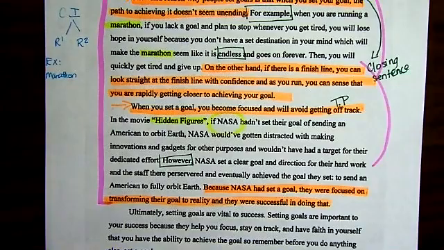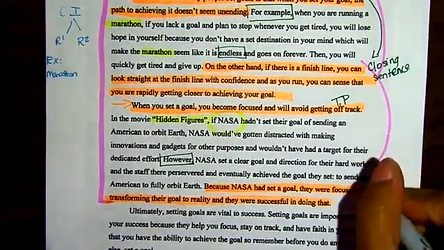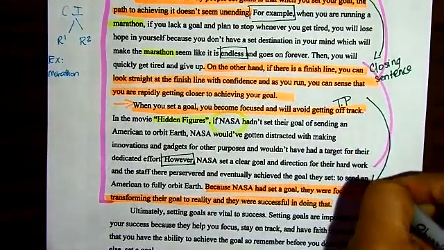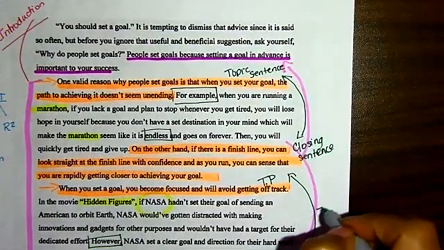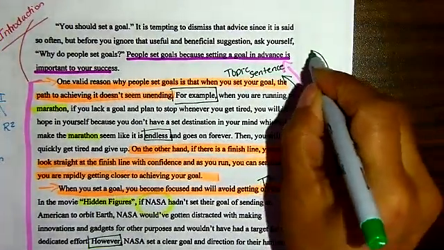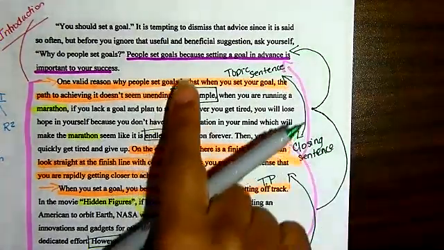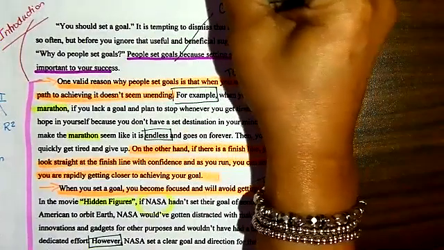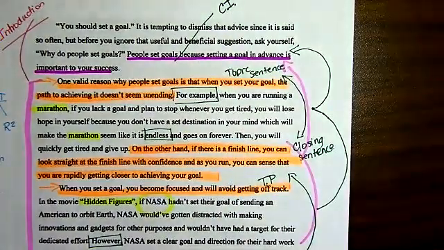So again, your topic sentence and closing sentence need to be connected. And from here, you have your first body paragraph with your second body paragraph, all linking to the same thing, to the controlling idea, also known as thesis.